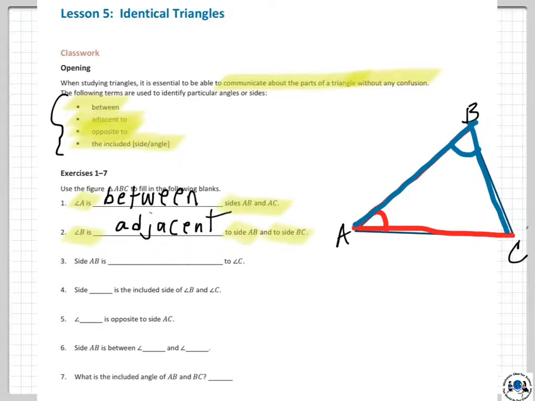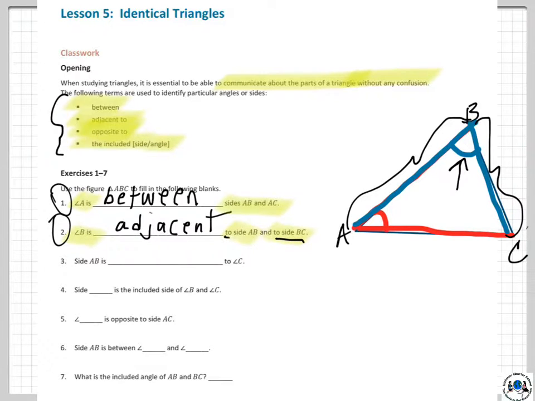Here it is adjacent to BC, and it is also adjacent to AB. So that's how these two terms differ. They sound like at first they should be the same, but angle B is adjacent to both of those, while angle A is between these two at the same time.